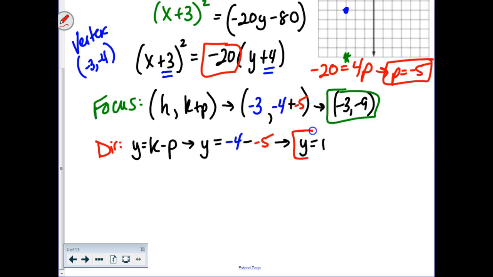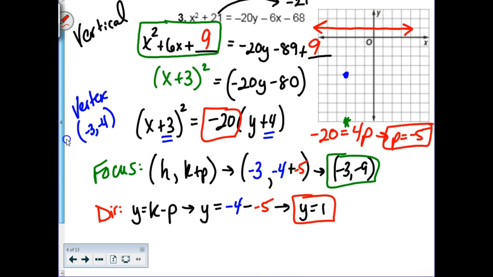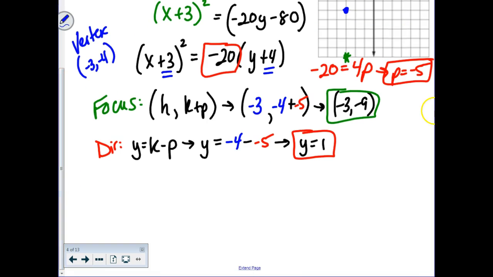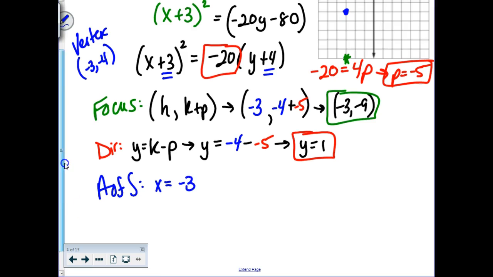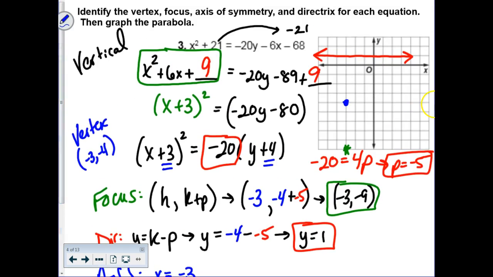I think that's exactly where I drew my directrix line. If I go check. Yeah. So far, so good. Axis of symmetry is straight through the vertex. That's a weird F. Axis of symmetry would be x equals h. So for us, that'd be x equals -3. I have not drawn that yet. But here it is.